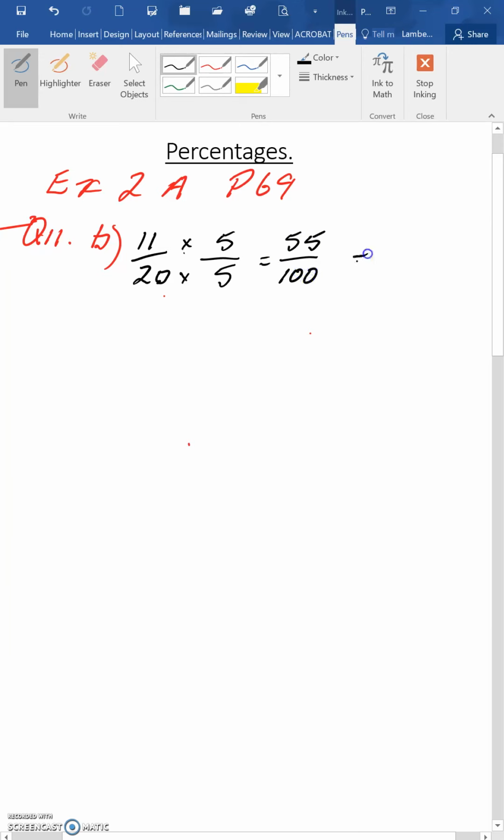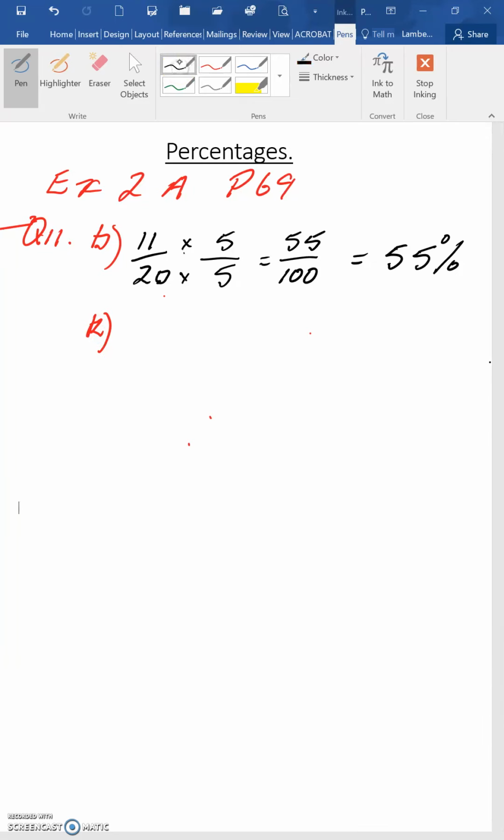Then it wants us to write our answer as a percentage. Okay, so we've taken a fraction, made it an equivalent fraction, converted it into a base with 100, and then written it as a percentage. Let's have a look at part K, which is probably a little harder.